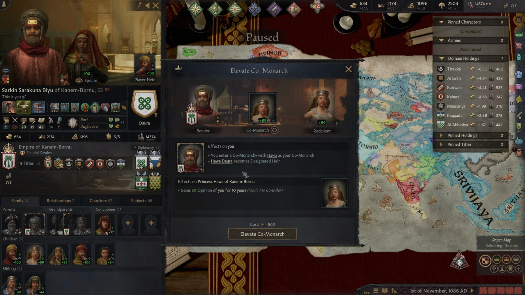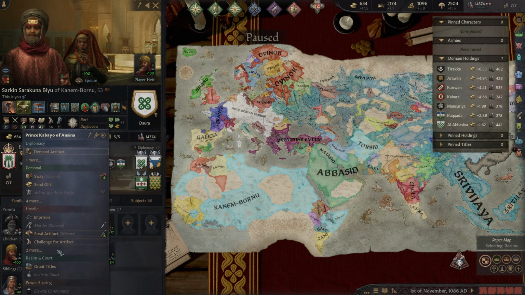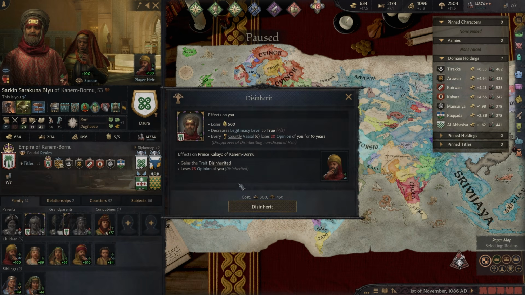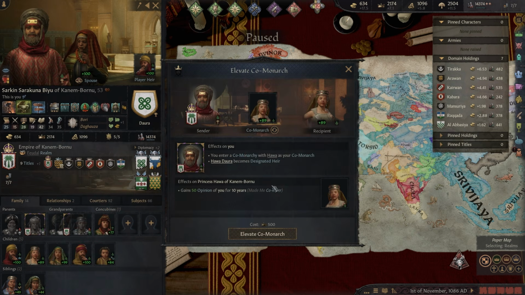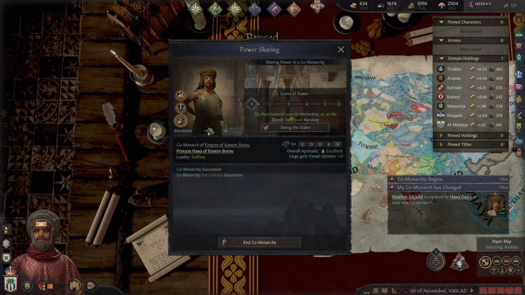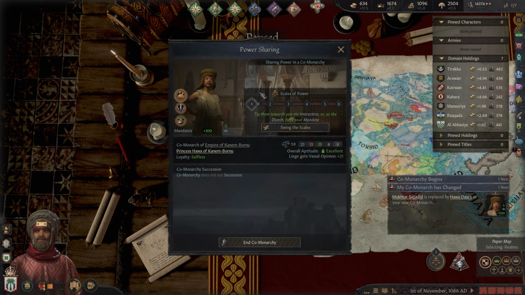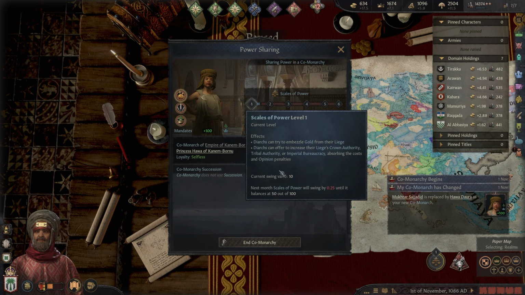Now, this still sucks, right? This is still not great, but it's a lot better than disinheriting. Because disinheriting costs us all of this, while elevating a co-monarch gives us opportunities for these things, which is kind of nice, and then it gives us this. It has these scales of power, so they can try and embezzle gold, they can try and do all sorts of things.